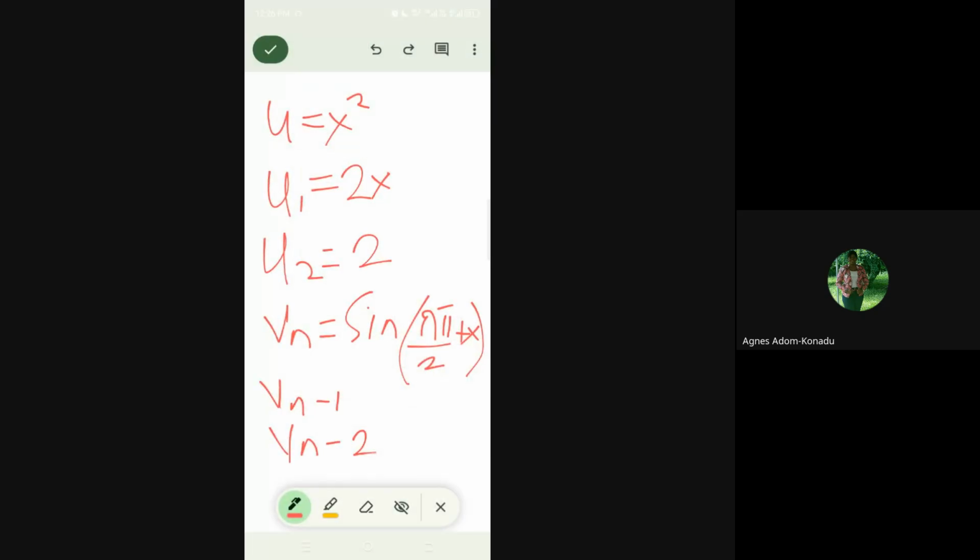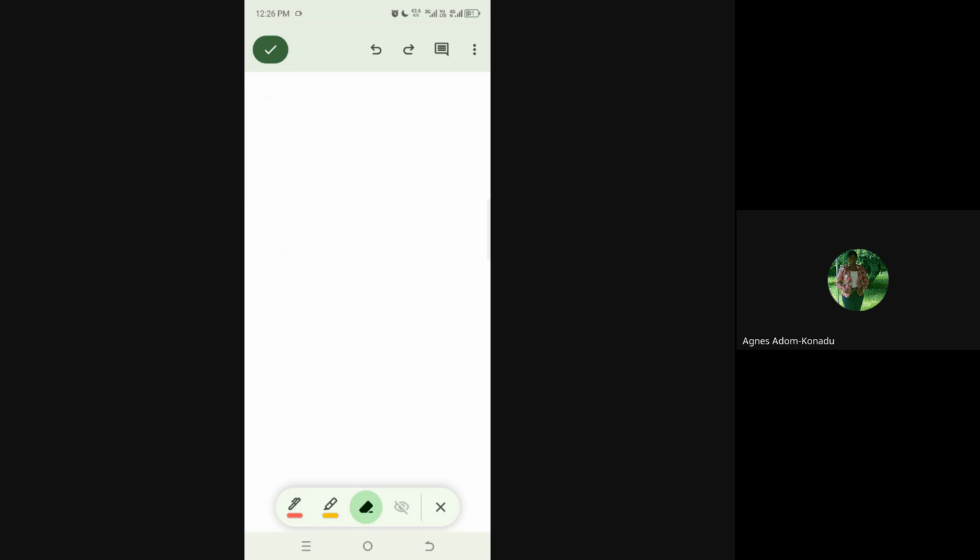So if we want to simplify, we know how to write combination. If we have n combination r, it is the same as n factorial over r factorial times (n minus r) factorial.